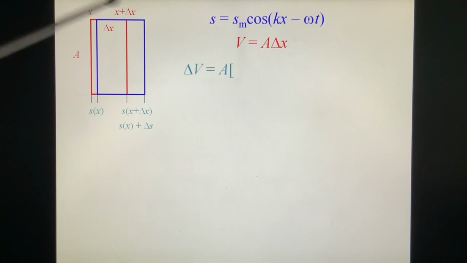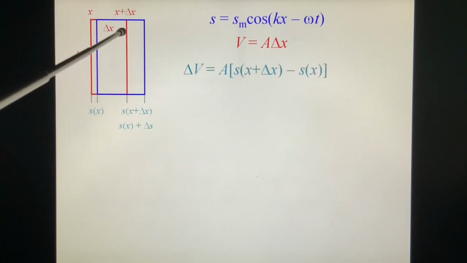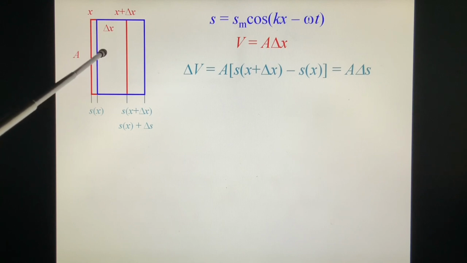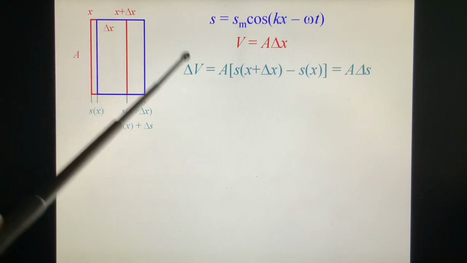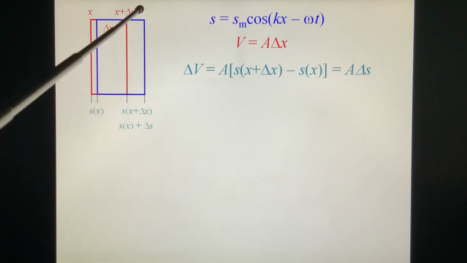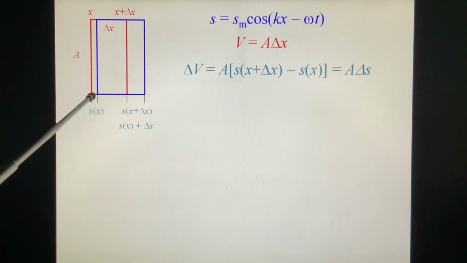With delta V as before, delta V, the blue volume minus the red volume, is this part, which is very common. So delta V equals A times the displacement at x plus delta x minus A times the displacement at x. This is a displacement.